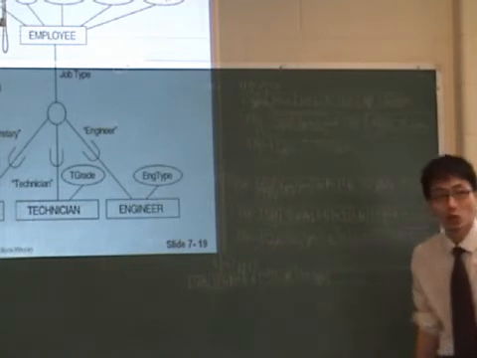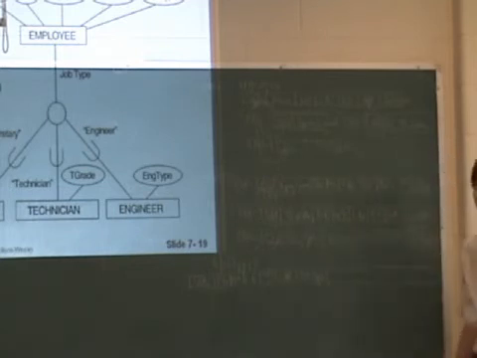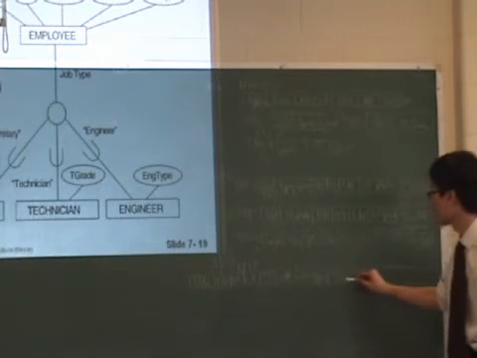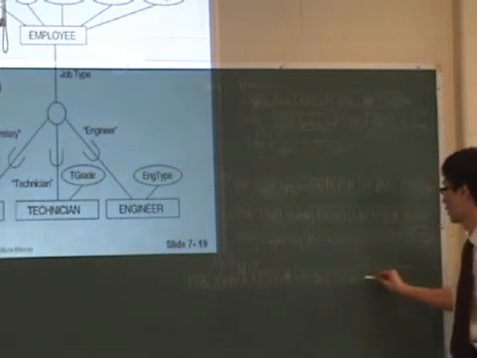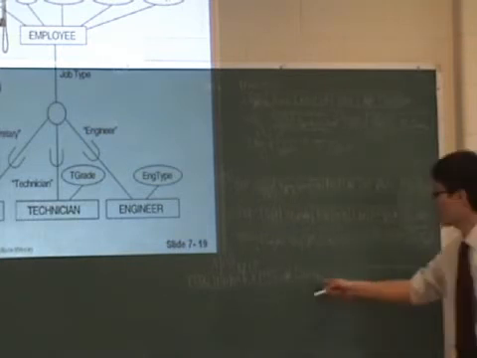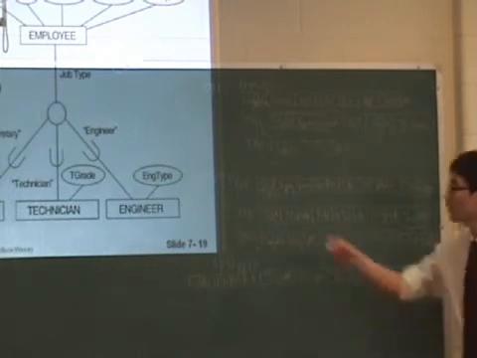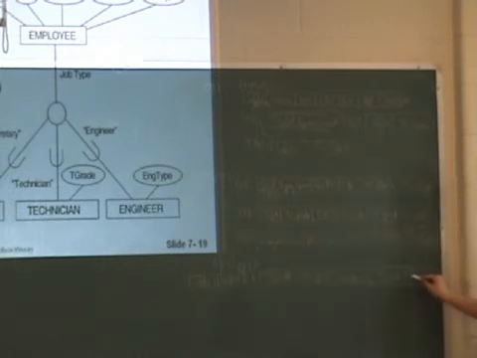Depending on the job type, we need information about what? Typing speed. Depending on job type, we need T grade information. Depending on the job type, sometimes we need engineering type.